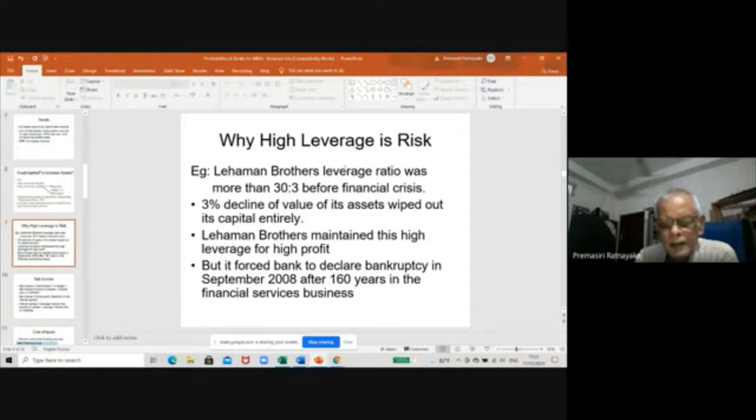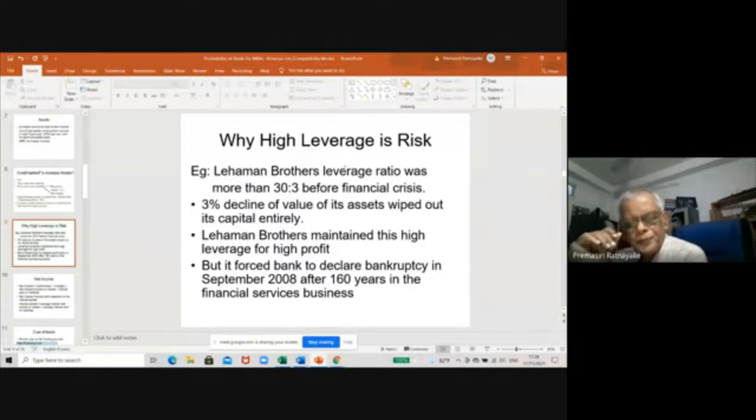Why is high leverage a risk? Example, Lehman Brothers' leverage ratio was more than 30 to 3 times before the financial crisis, the subprime mortgage crisis in 2007-8. Lehman Brothers, a bank which existed for more than 160 years, had to be declared bankrupt because its leverage was maintained at 30 times during the financial crisis.